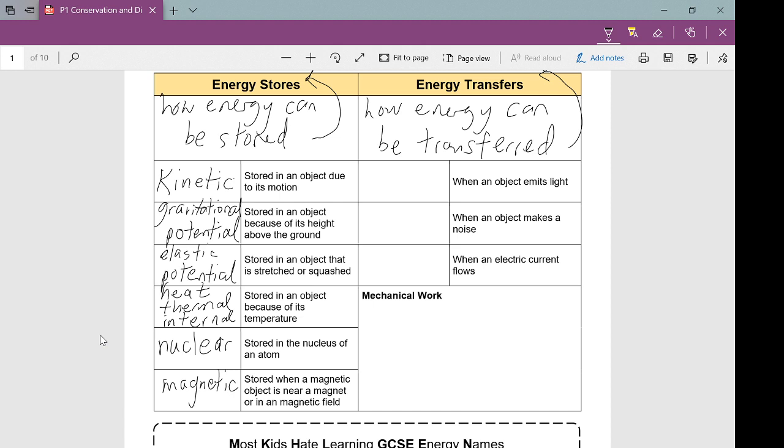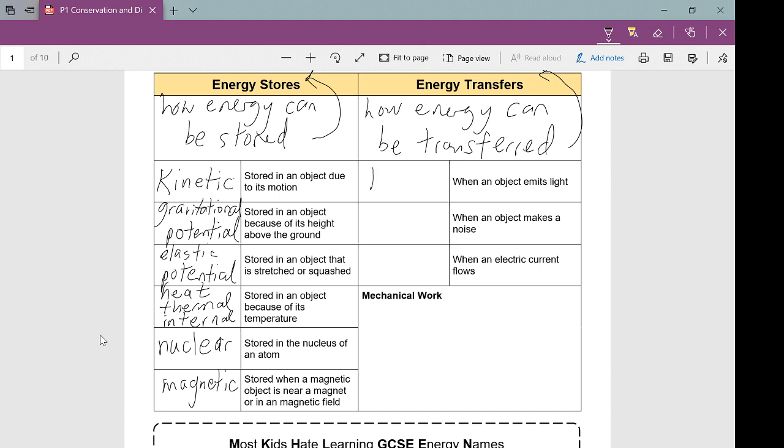Okay? Now, when energy gets transferred from an object to another object or to the surroundings, it's no longer stored within an object. So if you think about all the ones on the left, they're within the object itself. They are stored within that object. That energy is not going anywhere. But when that energy goes somewhere else and leaves that object, it can be transferred in different ways.